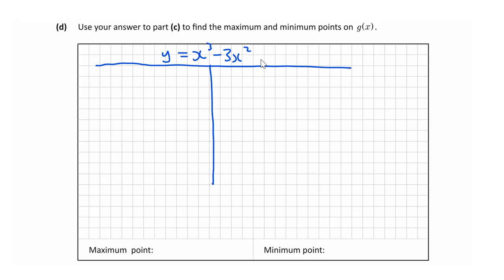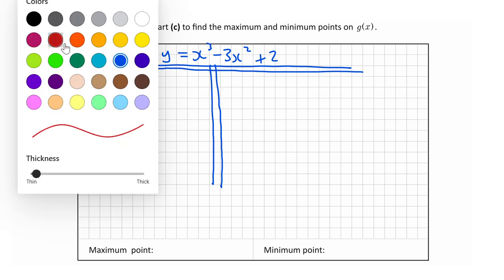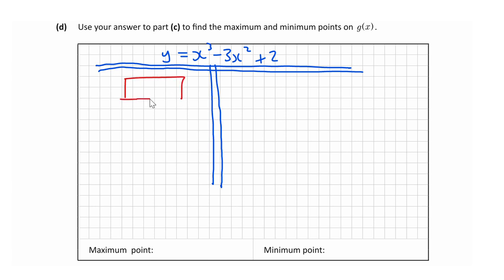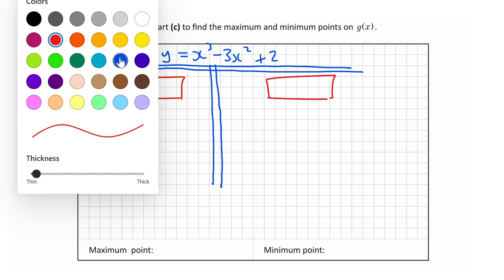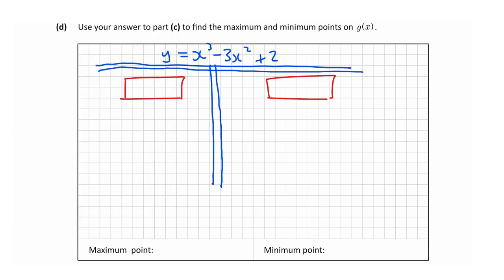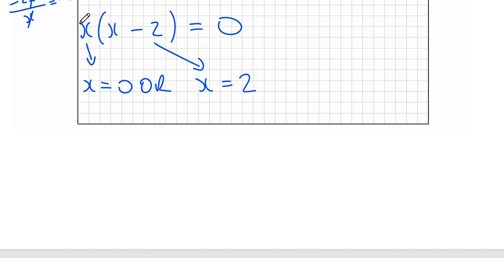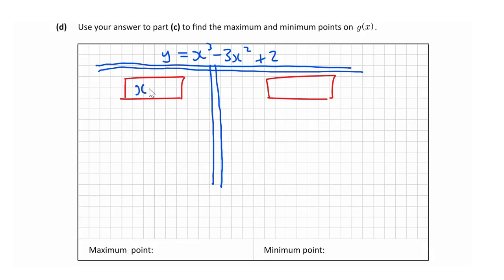Okay, so long story short here now, we're going to find out when x is a certain number in both of them. We're going to sub it into the equation and find out the corresponding y values. So we worked out x to be 0 and x to be 2.